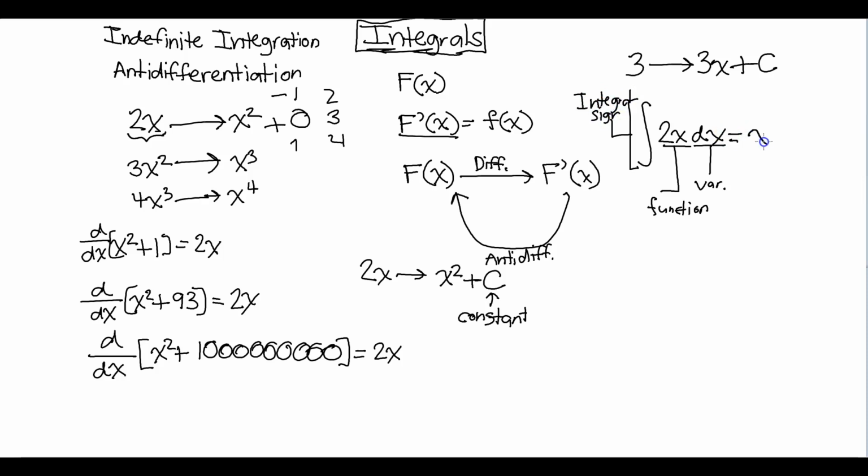And this equals x squared plus c. This is your antiderivative, or indefinite integral. You'll start calling it indefinite integral as we go on, okay? And this c is the constant of integration.